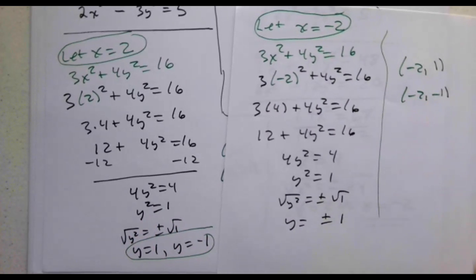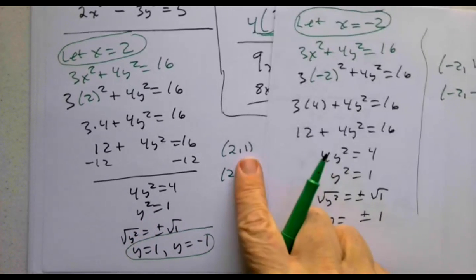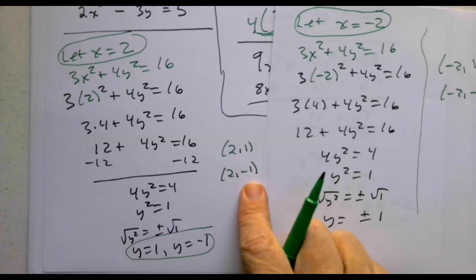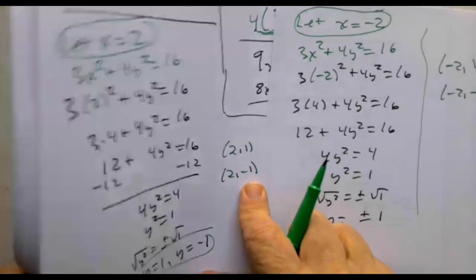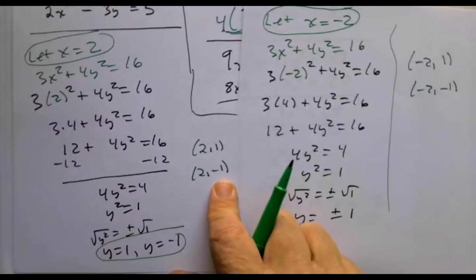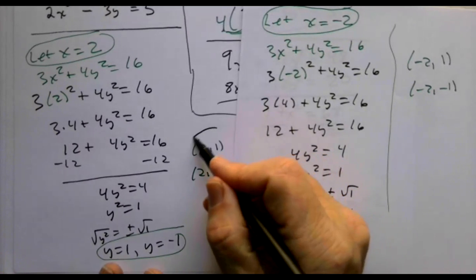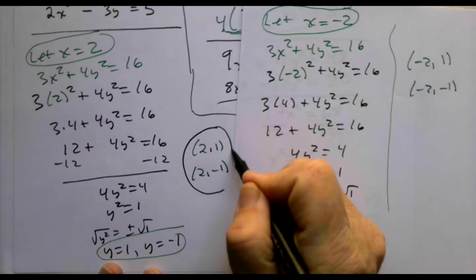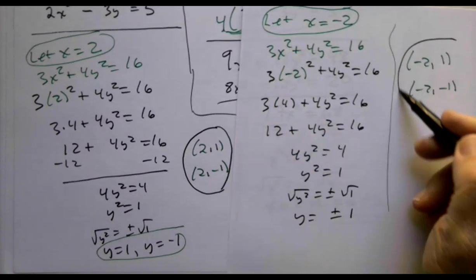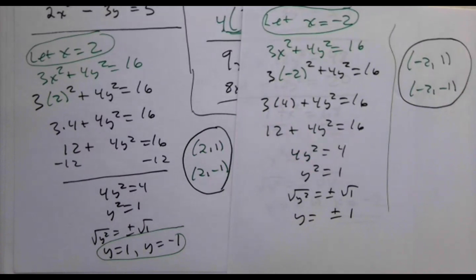Negative 2, 1; negative 2, negative 1; 2, 1; 2, negative 1. So here's all four answers that I will circle here. So we have four solutions, 4 points of intersection, all combinations of 2, 1 with pluses and minuses.